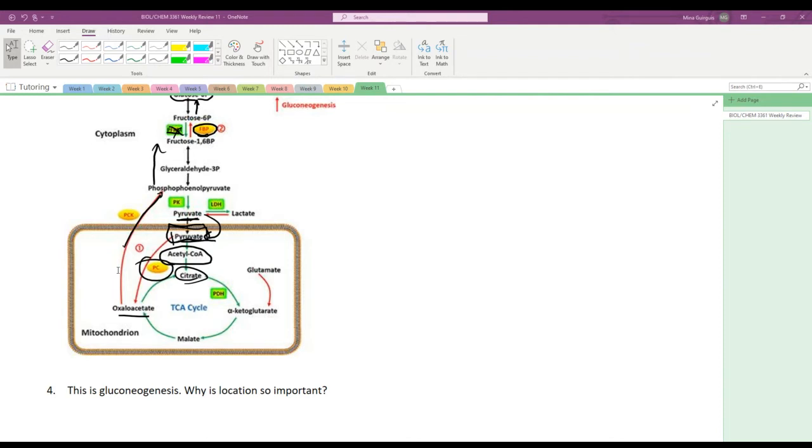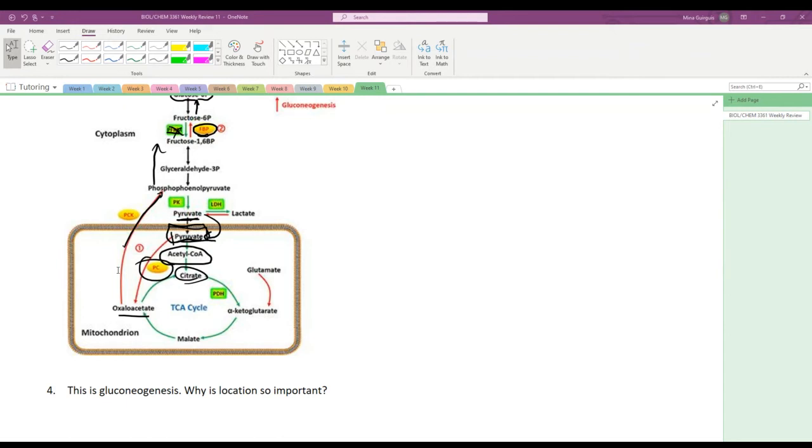If pyruvate that was just formed is right next to pyruvate carboxylase, we'd be allowing gluconeogenesis to occur right then while we're already having glycolysis. Okay? So by having pyruvate carboxylase in the mitochondria, we can prevent the simultaneous glycolysis and gluconeogenesis that would just waste energy.